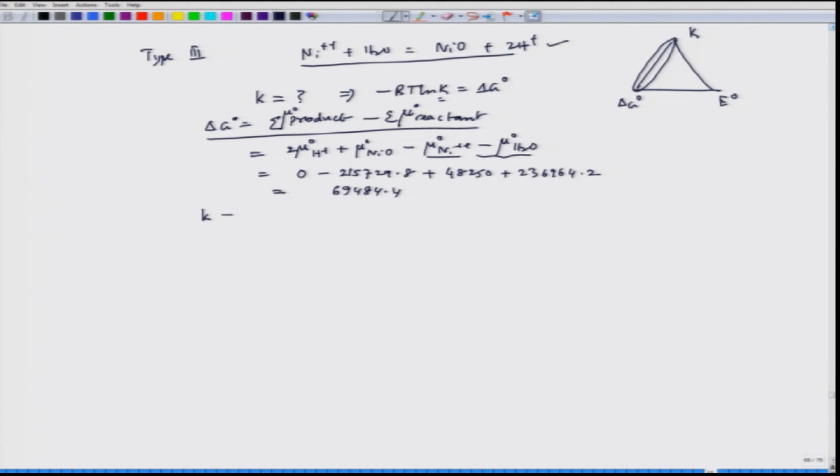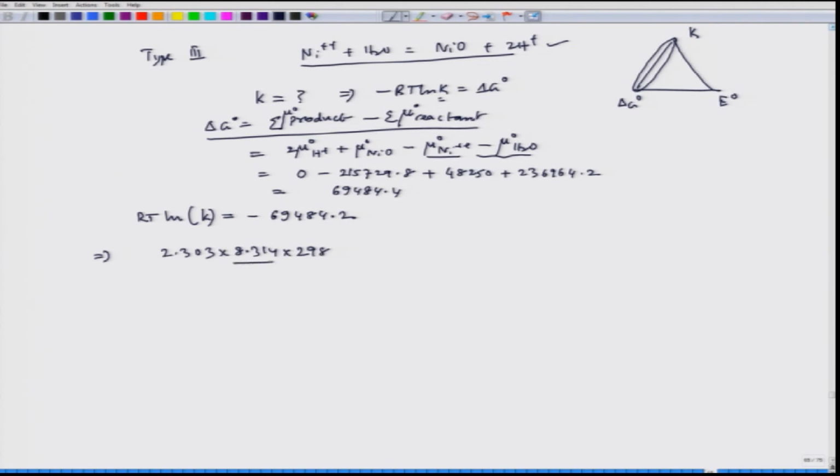So, RT ln K is equal to minus 69,484.2. We can do a little bit of juggling with this K. Instead of RT ln K, I can write 2.303 into 8.314 into 298 Kelvin, since we are considering 25 degrees Celsius.